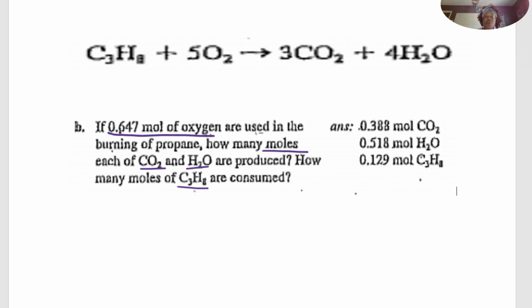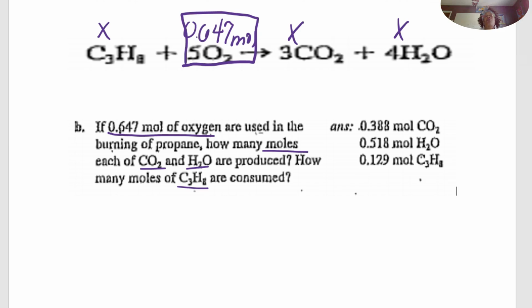So I have given you 0.647 moles of oxygen, and what I want to know is about carbon dioxide, water, and propane. But remember, you cannot do them 3 at a time.